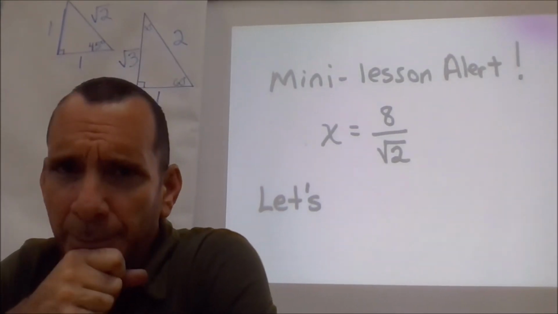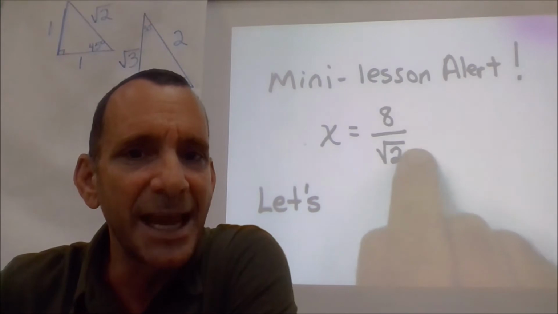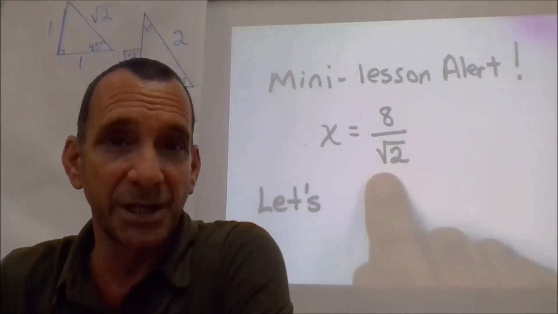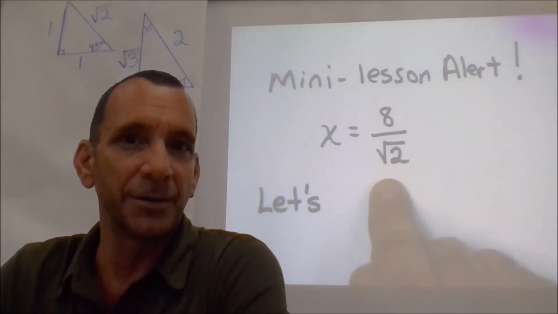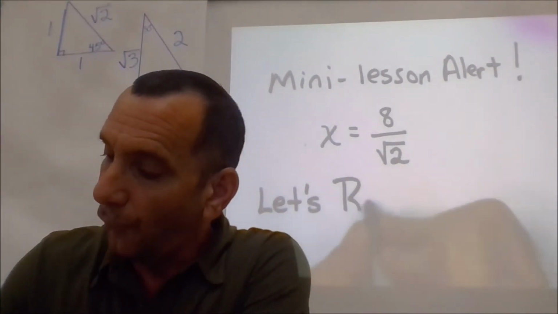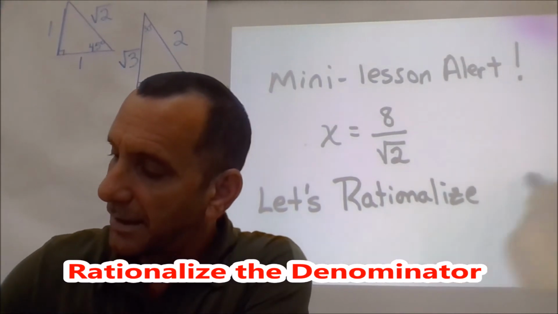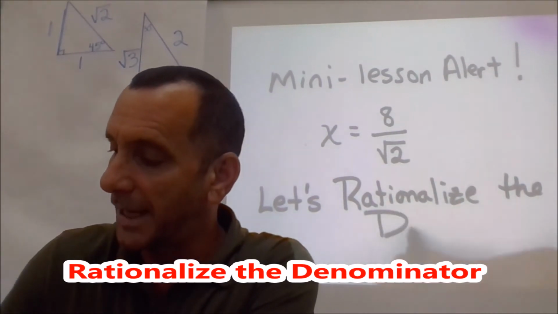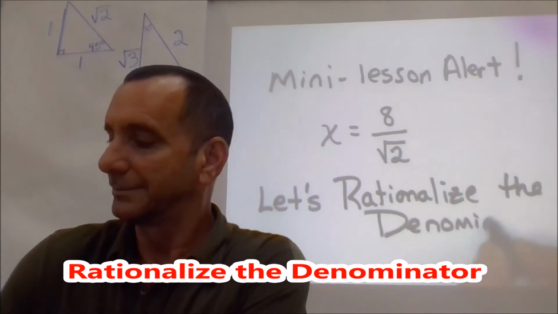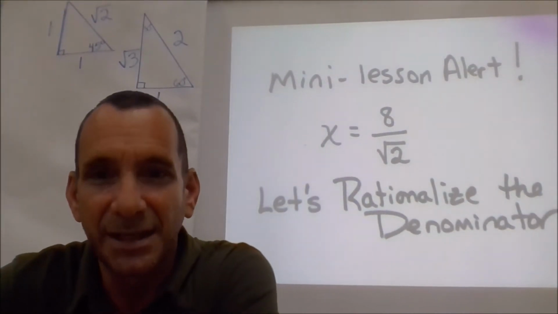But there's a problem here because this is not simplified. If there is a radical expression in the denominator, we are going to need to rationalize the denominator. We need to rationalize the denominator.